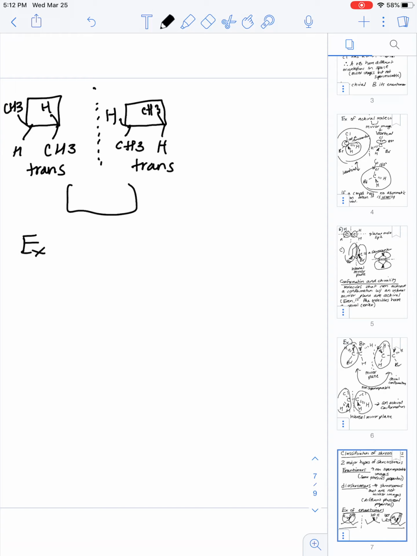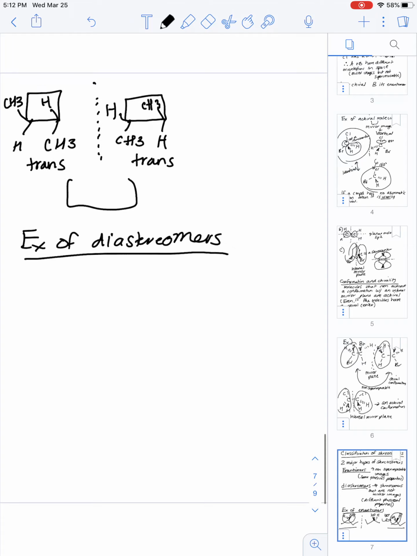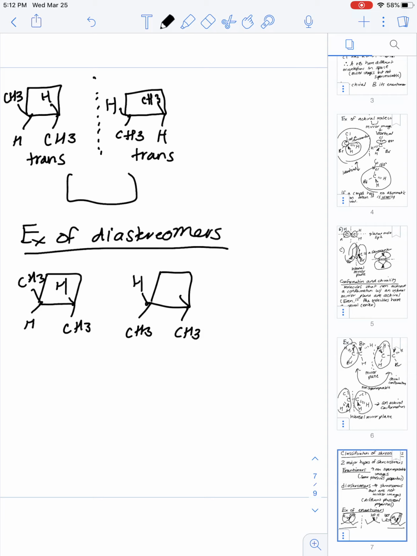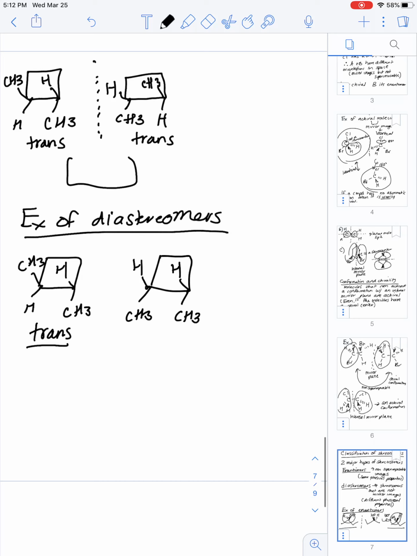So let's look at some examples of diastereomers. Again, diastereomers are stereoisomers that are not mirror images. If we look at this molecule here versus this molecule here, here we would have a trans cyclobutane ring.